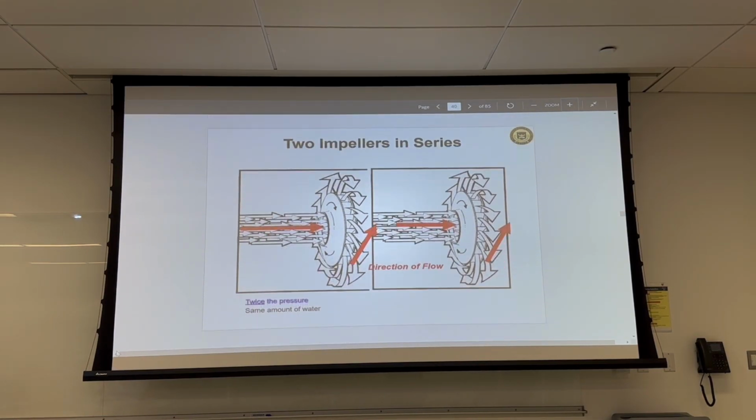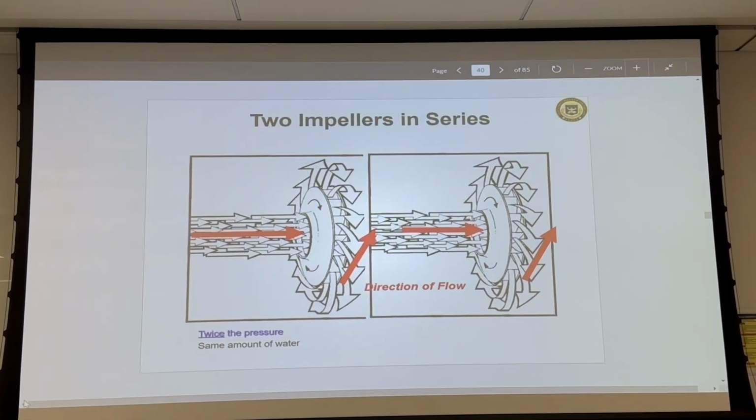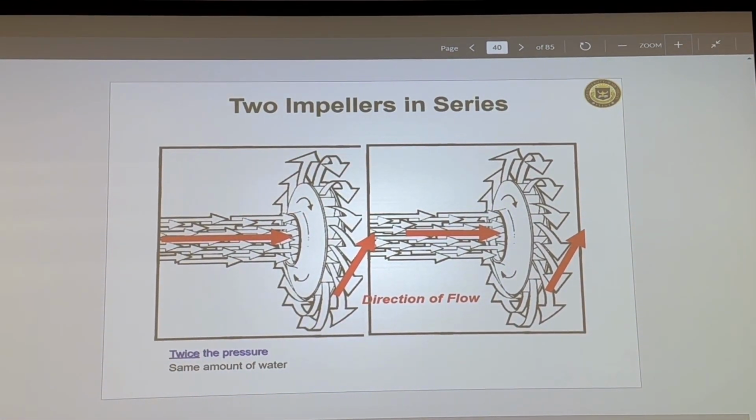The other thing we can do is put two impellers side by side. When you do that, you're not going to increase the flow much, maybe slightly, but you are definitely increasing the pressure. So twice the pressure, same amount of water. The volume won't change, but the pressure increases. For example, I need 200 kPa, but my impeller develops only 100 kPa.